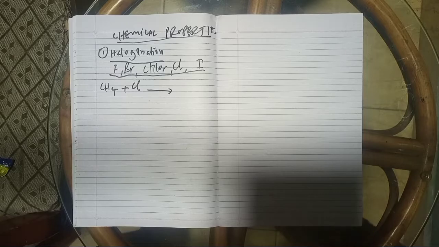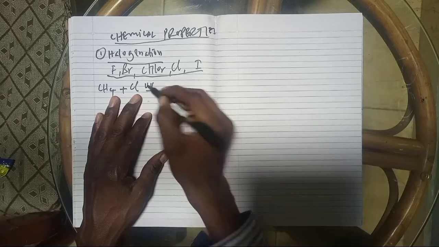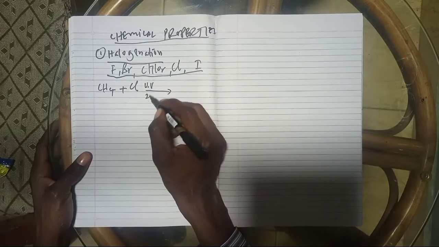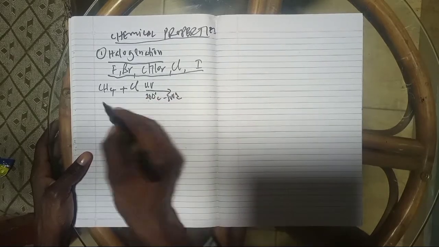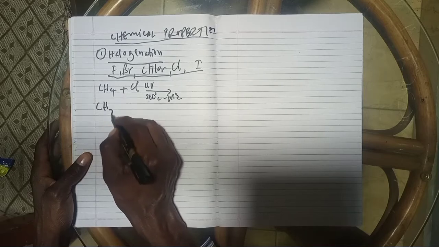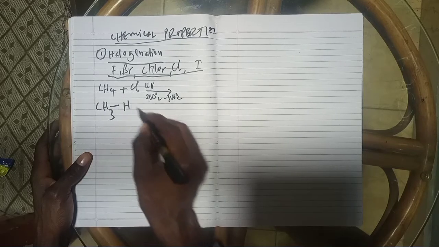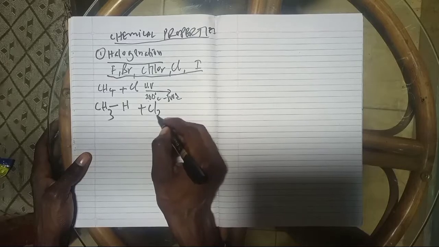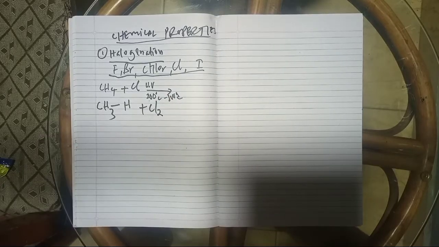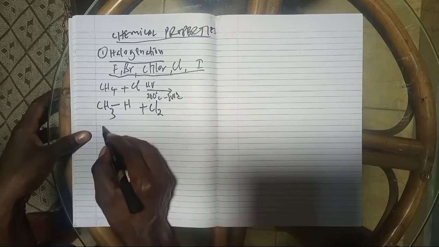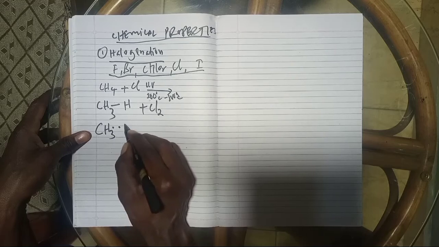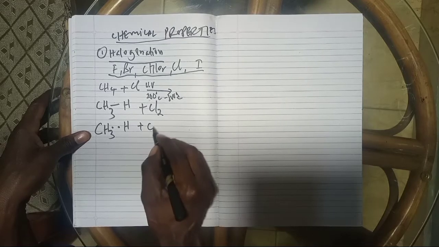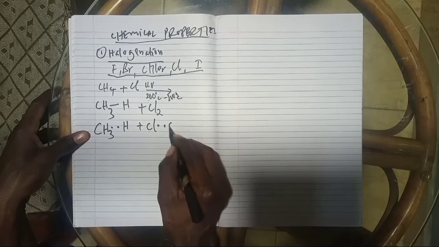We say chlorine can be added with either ultraviolet light (UV) or at a temperature of 200 degrees Celsius to 300 degrees Celsius to produce, means this is CH3 and then we have H here, plus chlorine as a gas, and therefore we have two chlorines here, plus hydrogen, and chlorine.